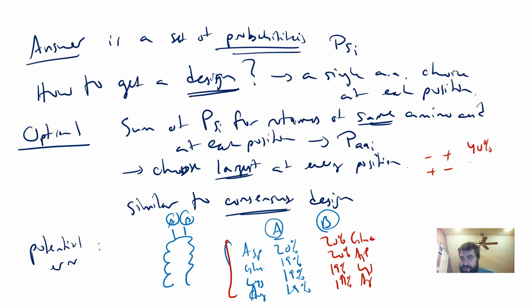And about 40% of the time, we're getting the other, positive, negative, negative, positive. But because there's other stuff that can also go on, maybe we have a slight preference for having glutamate there.